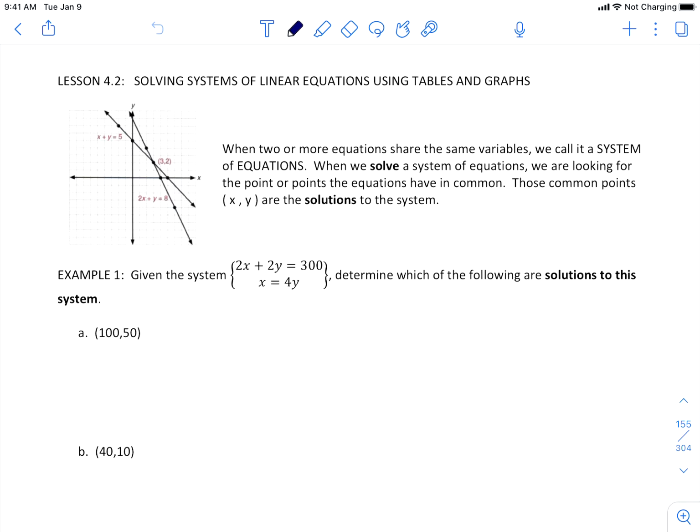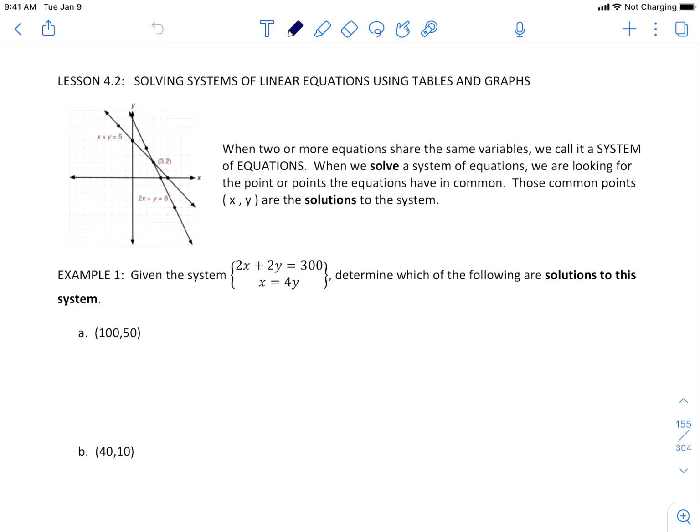So for our first example, given the system 2x plus 2y equals 300 and x equals 4y, we have to determine which of the following are solutions to the system. So we're going to do this by plugging our point into the equations, and if it is true for both of the equations, then it's a solution to the system.